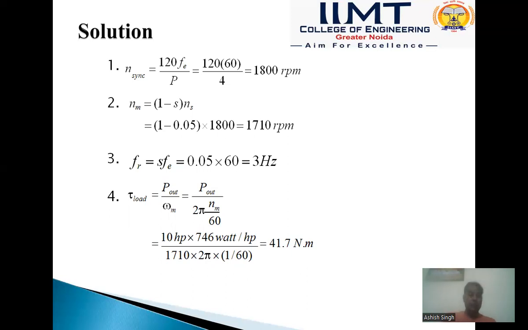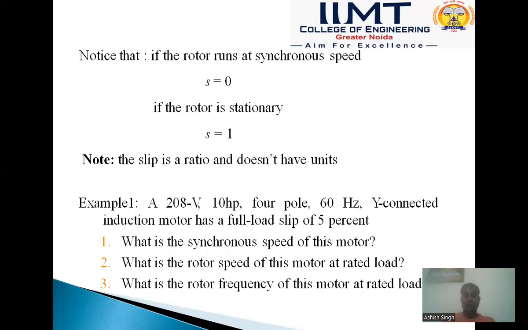Then torque produced by the motor equals P output upon omega m, where omega m is the angular velocity of the induction motor, and it is given by 2 pi Nm upon 60. We have the value of P output, that is 10 horsepower, and as we know the SI unit of power is watt, so first we have to convert horsepower into watt.